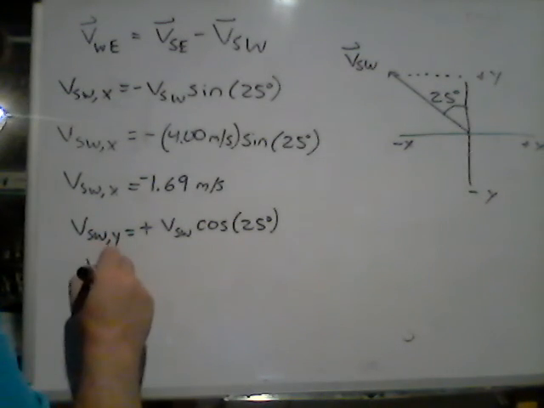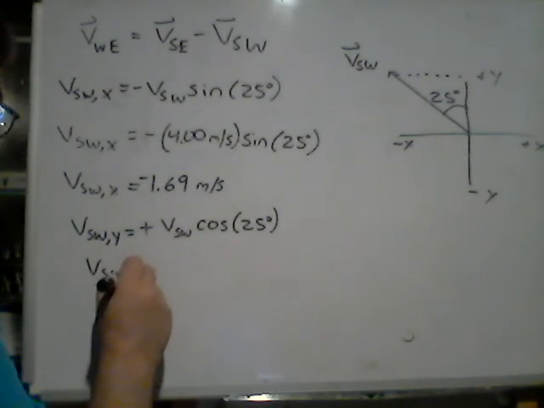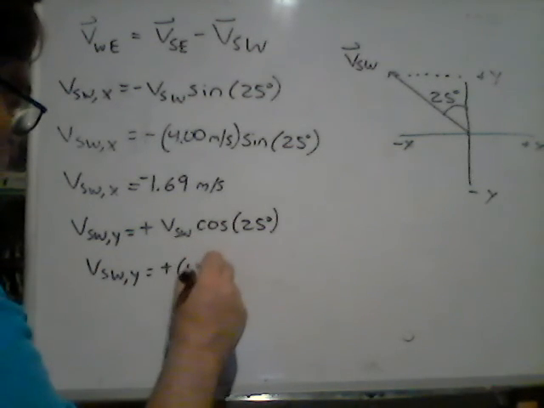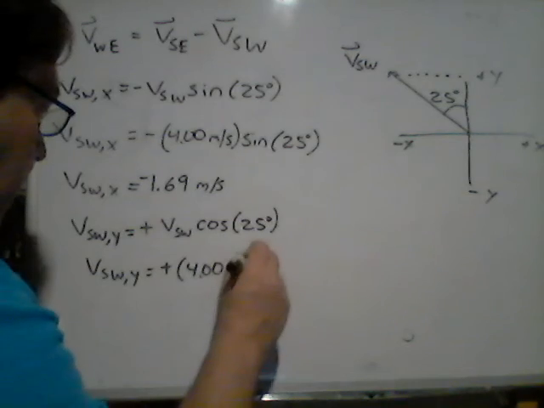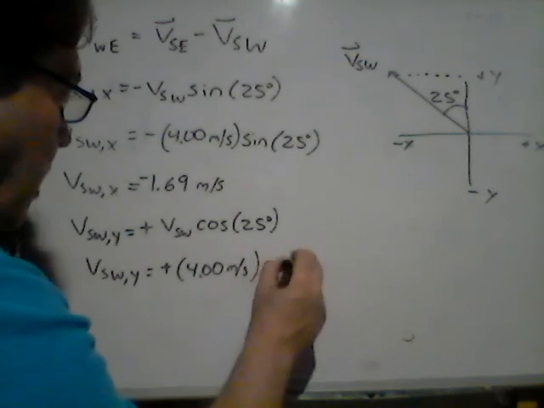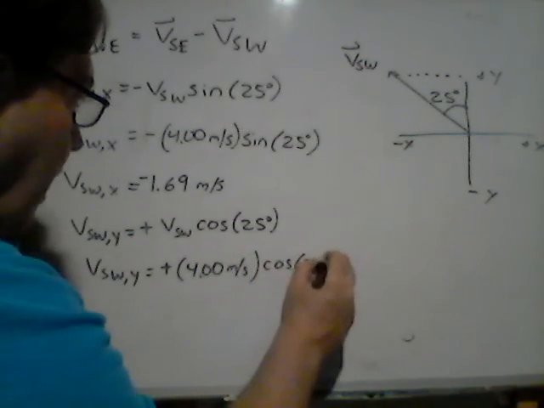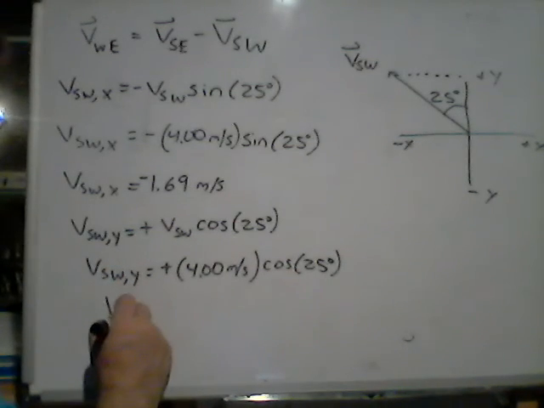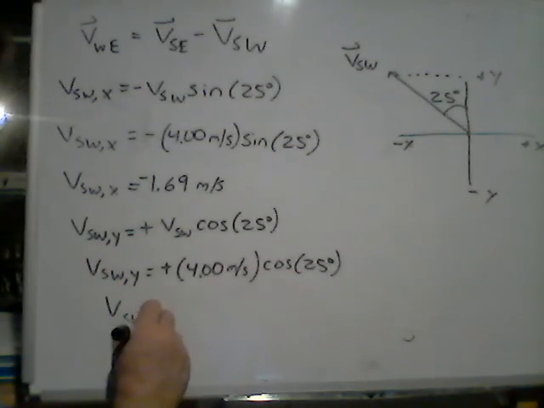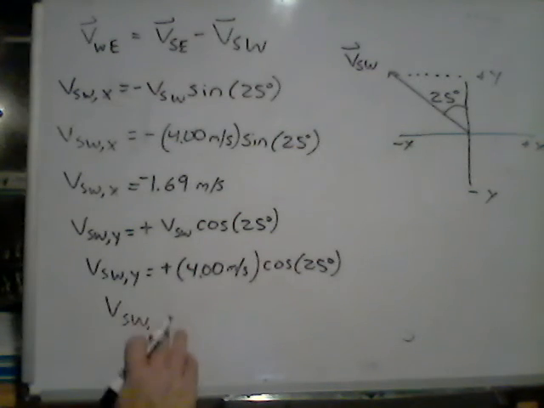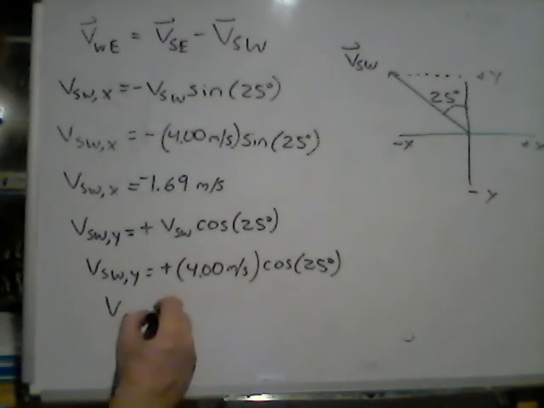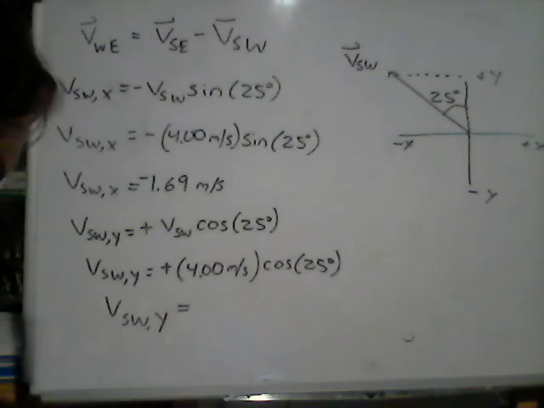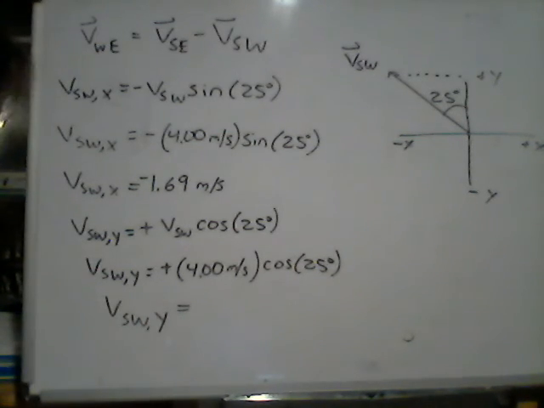So V sub SW sub y will be positive 4.00 meters per second times the cosine of 25 degrees. If I work this out, I find that V sub SW sub y becomes positive 3.63 meters per second.